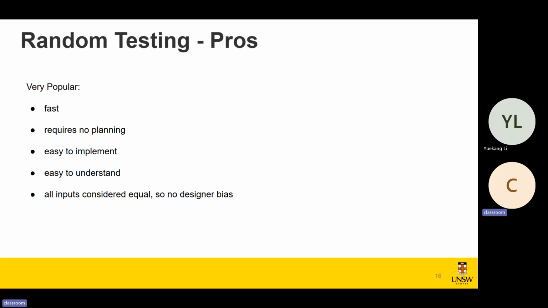One more advantage, sometimes likely to be ignored, of doing pure random testing is that all the inputs are considered equally. So there's no designer bias. Sometimes when we are doing testing, we apply some heuristics based on our experience, our assumptions or observations, and these may not hold all the time. This is considered designer bias.